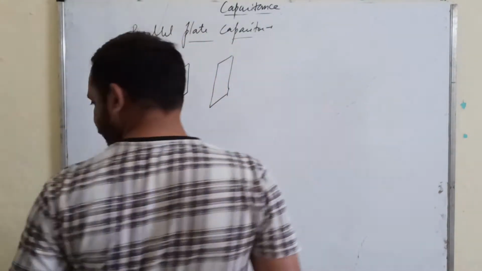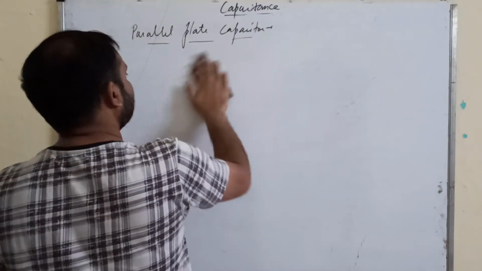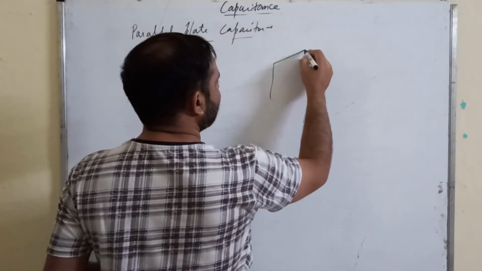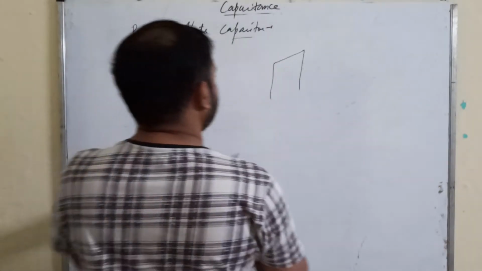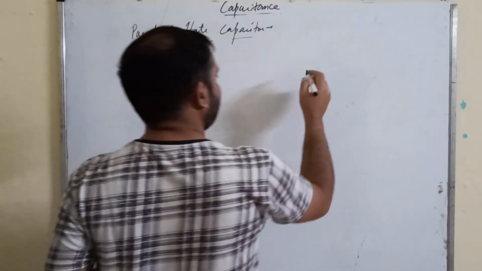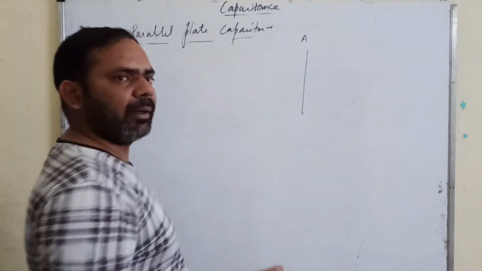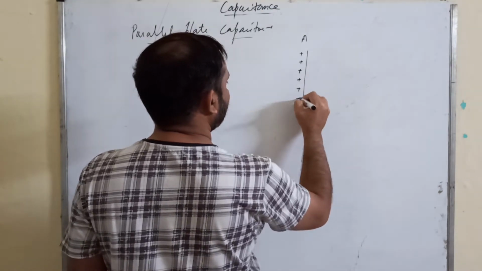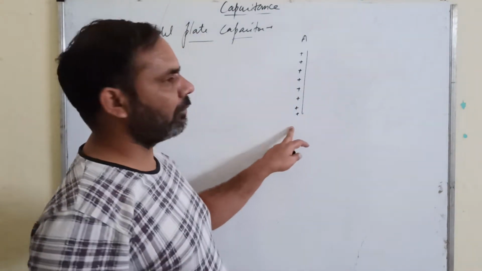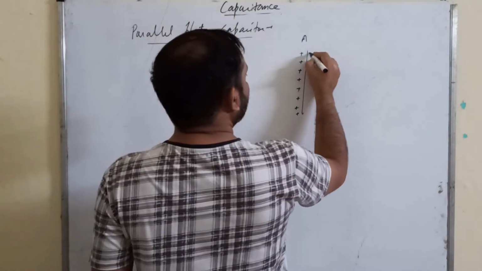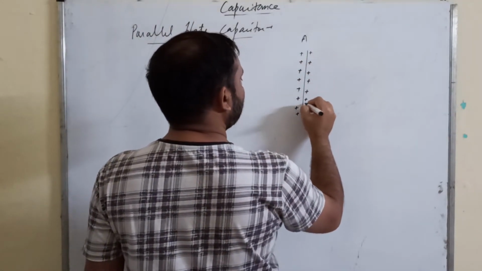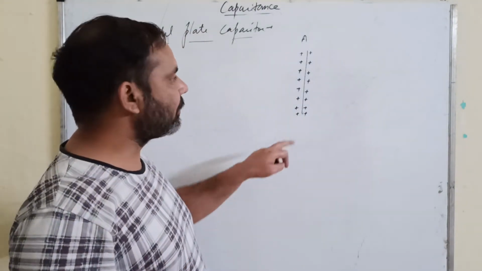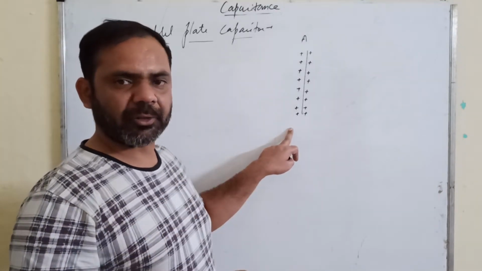Okay, so let me start from the beginning. Suppose we have a plate A. Now when we give charge to this plate, it will go on accepting the charges, and as a result its potential will increase, and we can continue this process till the plate achieves its maximum potential.